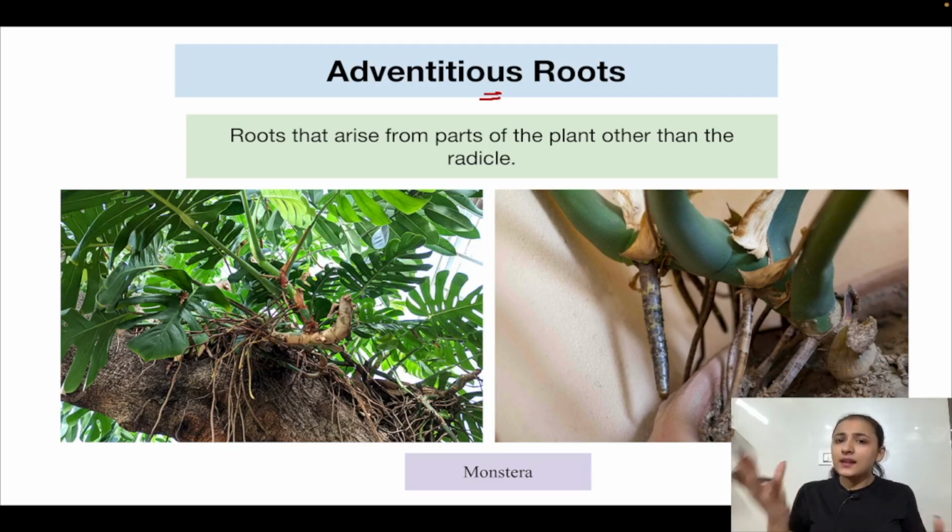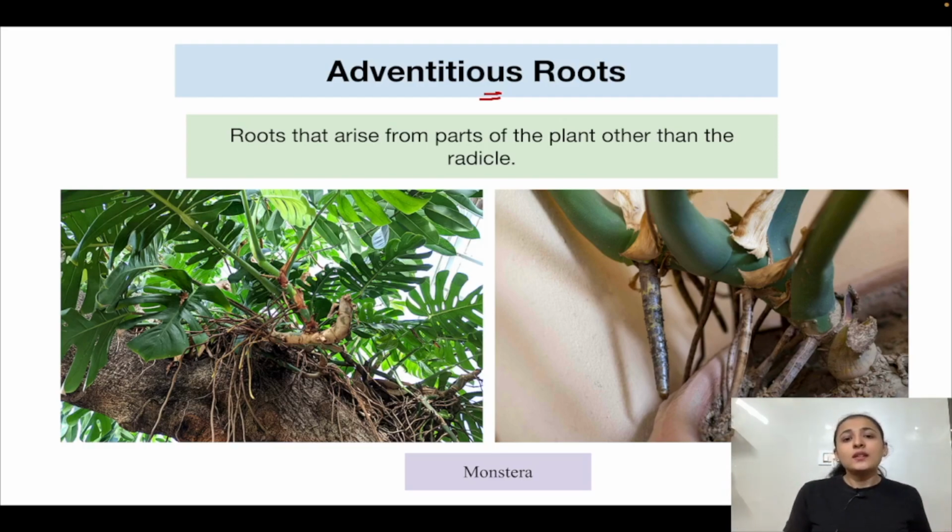And where are they arising from? They are arising from the base of the stem. Base of the stem is not radicle. Since the fibrous root system ultimately is arising from the base of the stem, that root system is also adventitious in nature. So they can also be kept under the category of adventitious roots.